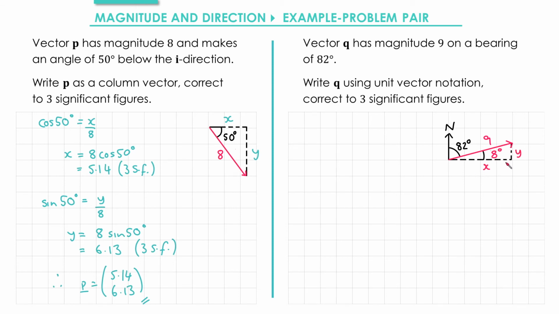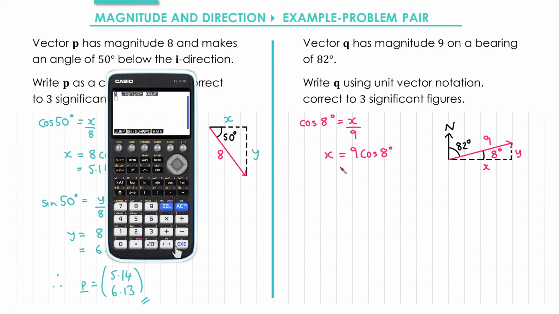Next we need to find the values of x and y. x is the adjacent side, 9 is the hypotenuse, so we get cos of 8 degrees equals x over 9. Multiplying up by 9 gives us x equals 9 cos 8 degrees. And if we put that into our calculator, we get 8.91 to 3 significant figures.